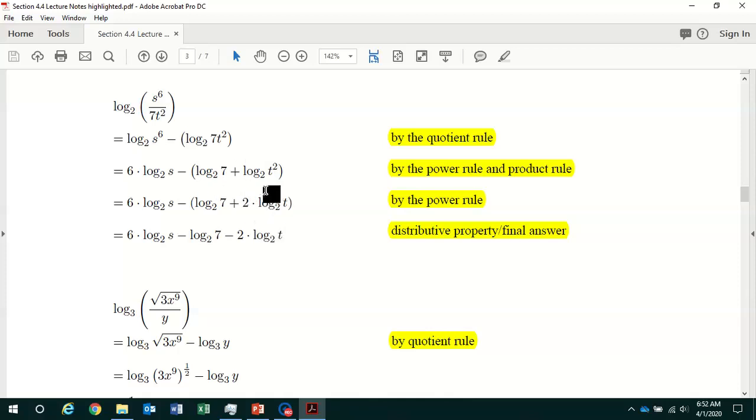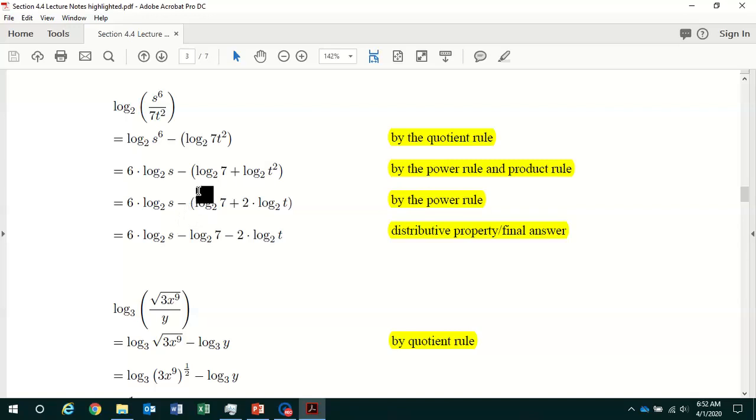Well, inside parentheses here, log base 2 of t squared, the exponent 2 on the variable t can be brought down in front of the log using the power rule. So log base 2 of t squared is equal to 2 times log base 2 of t.